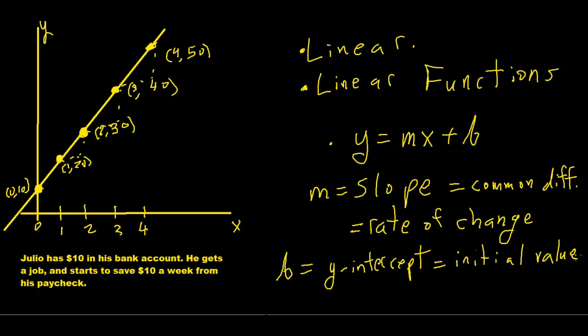So I also want to introduce a function notation to this, right? Do we remember that the outputs of a function are graphed on the y-axis? So if we're going to consider this linear relationship as a linear function, which it is, we can just write it as f of x equals mx plus b, right?